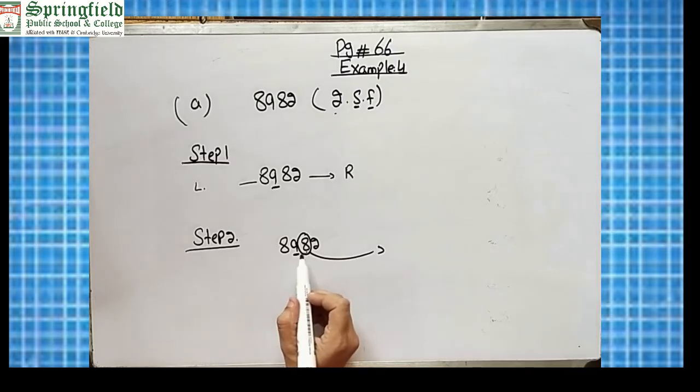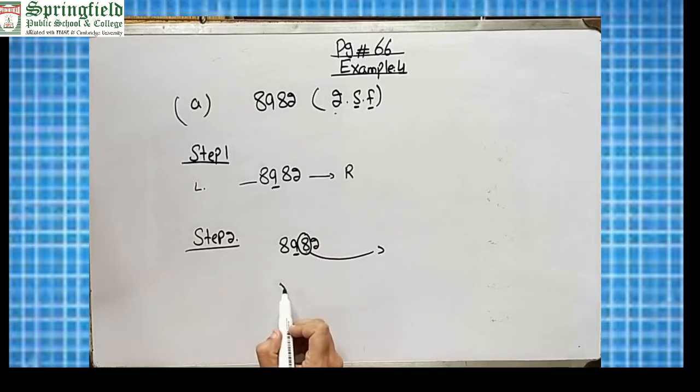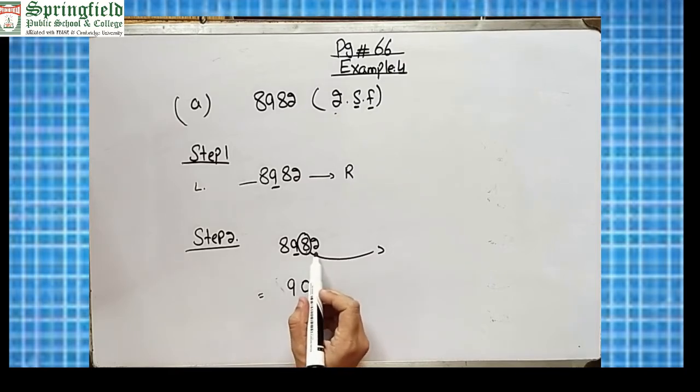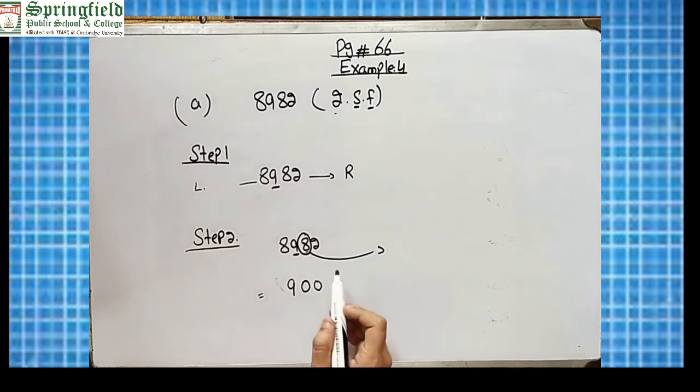So 8 is greater than 5. It means we will add 1 to the 9. 9 will become 10, write 0, and then 1 will add to the 8. So it will become 90, and then all the next digits will become 0. So 1, 2, there are 2 digits, we will write 2 zeros.